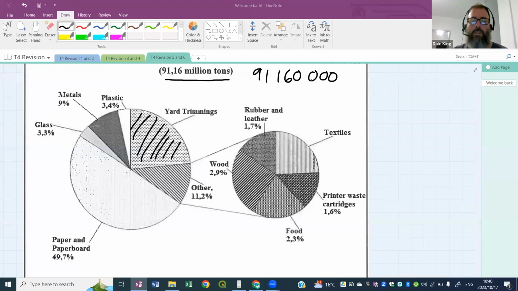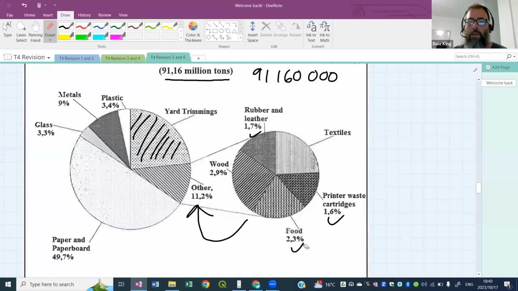Let's see how we do it. So first thing to remember is that in the second pie chart, all those pieces of that pie belong to this percentage here. So all those little pieces of pie in there, the 2.9, the 1.7, the 1.6, and the 2.3, and textiles, they all belong to this section here called other, which is 11.2, right?